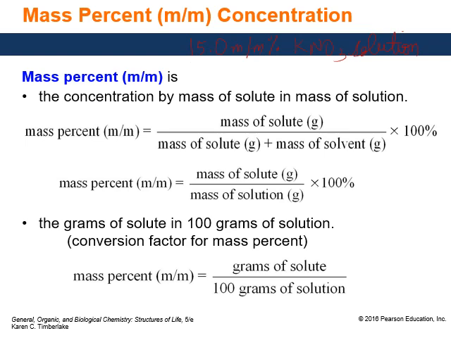This information you could plug into the formula and figure out that you have 15 grams of solute. The easiest way is when you see this, remember this is mass percent.